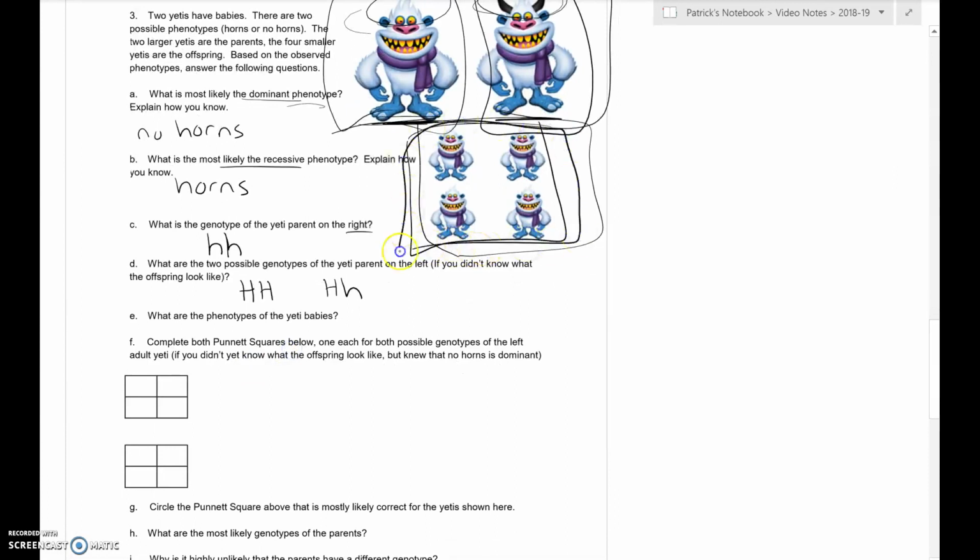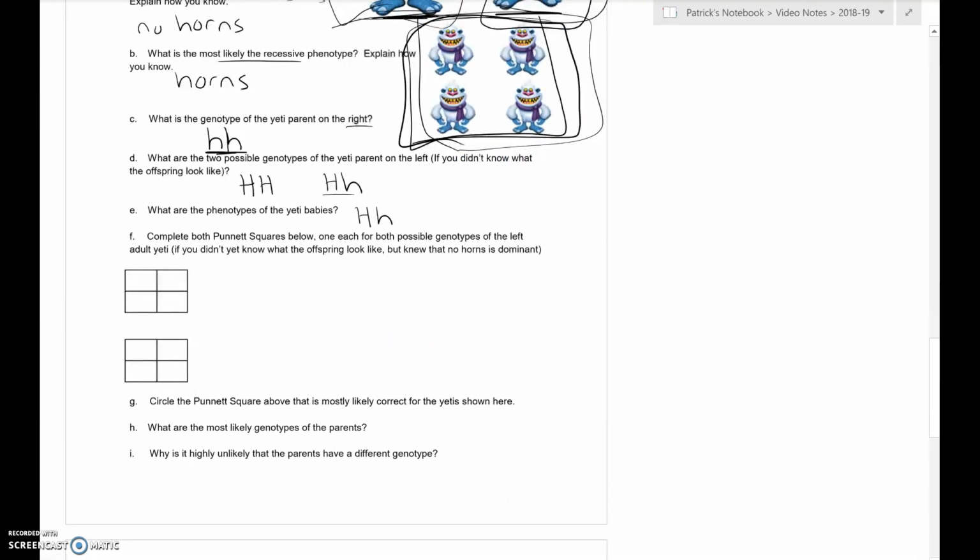And our Yeti babies here, since one of the parents is little h, the Yeti babies have to have at least one little h, but since they have no horns, which we were saying is dominant, they have to be big H, little h.